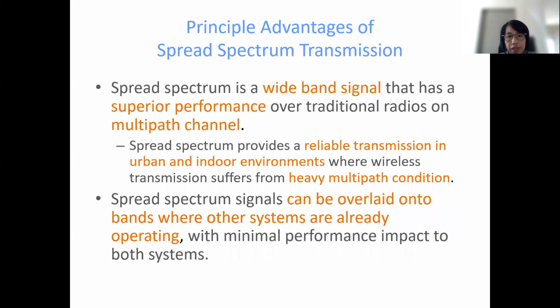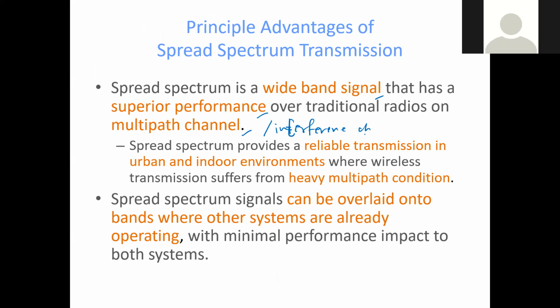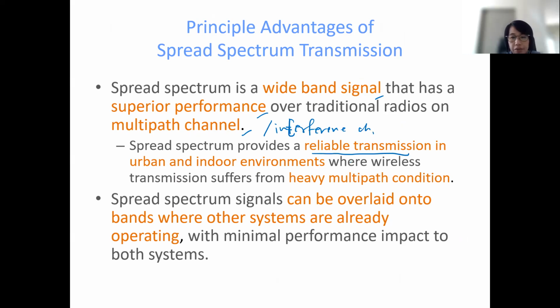And of course, this is just to explain the advantages of the spread spectrum. As I mentioned, it is a wideband signal and has superior performance over multipath and interference channels. We can say that by doing this, we can get a reliable transmission.